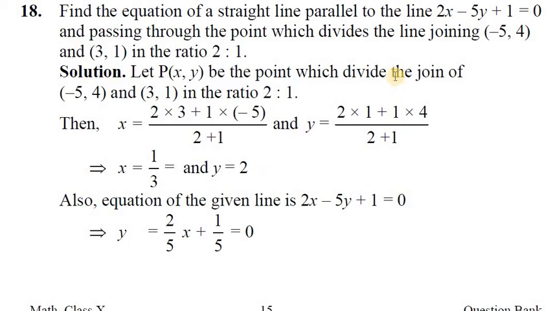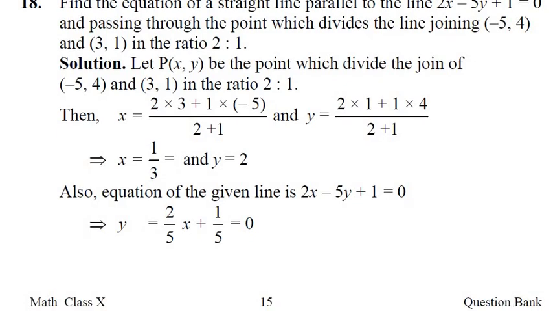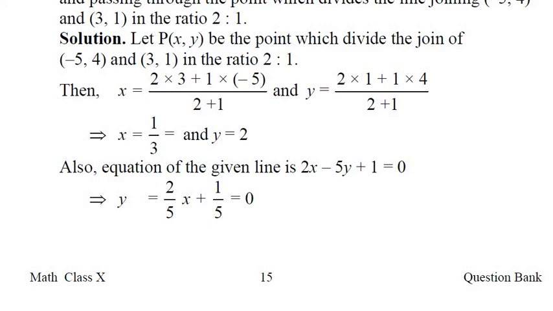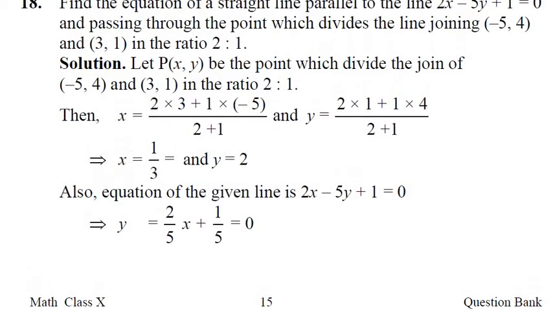Also, the equation of the given line is 2x minus 5y plus 1 equal to 0. Since the required line is parallel to this one, its slope is equal to the slope of this line.